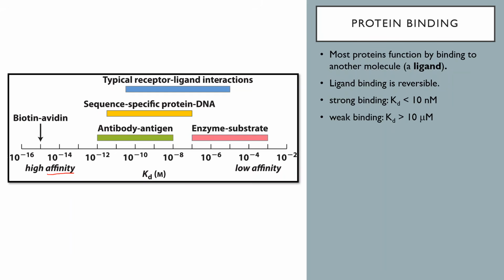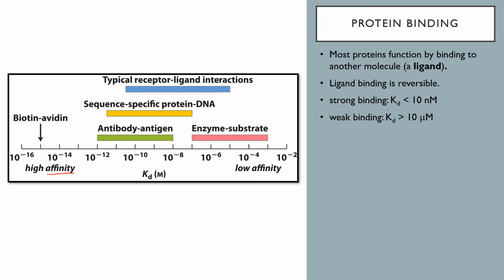So some proteins, like enzymes, for example, actually have very low affinities for their substrates. And again, substrate is just the special term we use for the ligands that bind to enzymes. That's important because the enzyme is not supposed to bind to the substrate for very long, as we'll learn later.